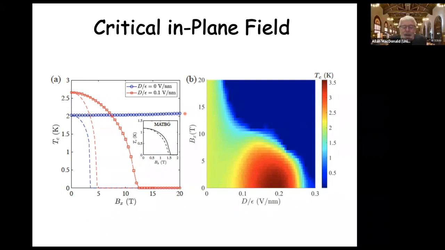I think let me answer the question in a different way. I think you could have a lattice model which has the same basic thing going on.